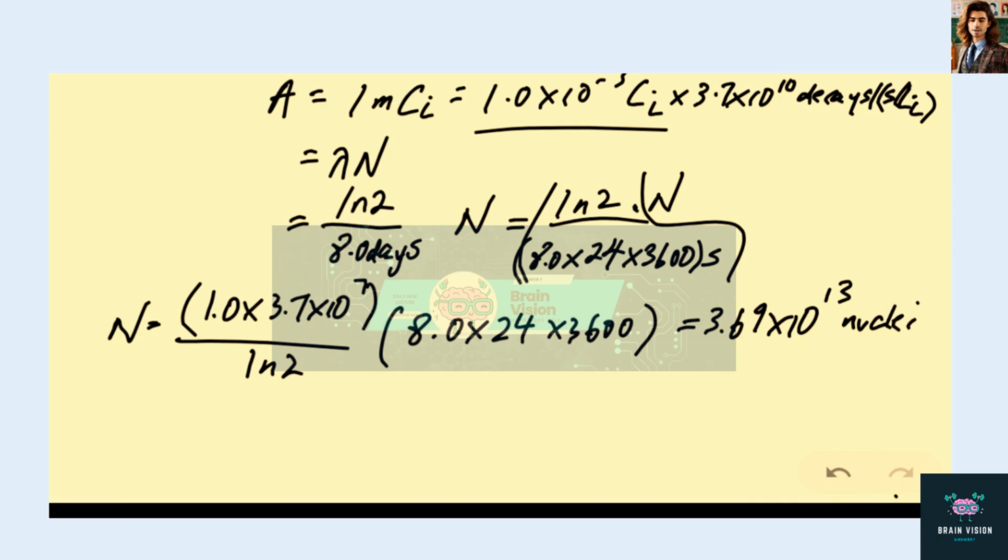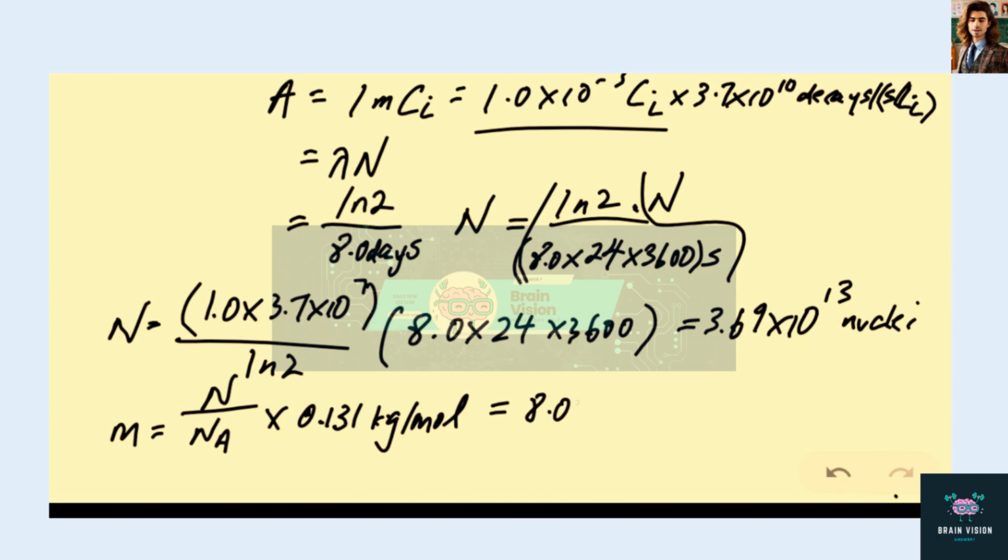So this is the number of nuclides, of iodine nuclides. To get the mass, we take the number of nuclides divided by Avogadro's constant, which is 6.022 times 10 to the power 23. This will give us the number of moles, and then we multiply by the molar mass, which is 0.131 kilograms per mole, to give us the mass in terms of kilograms.